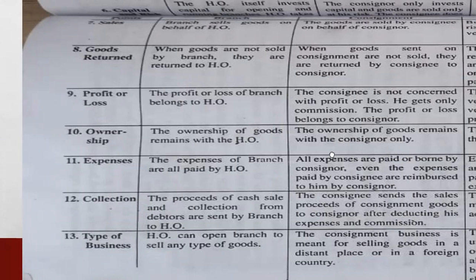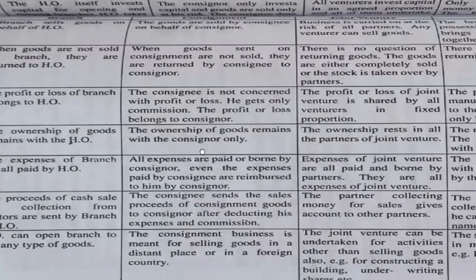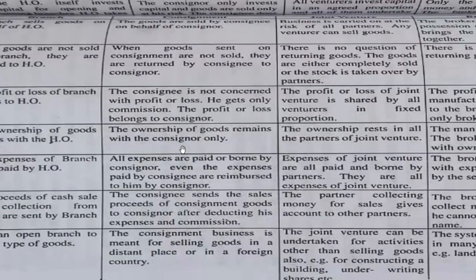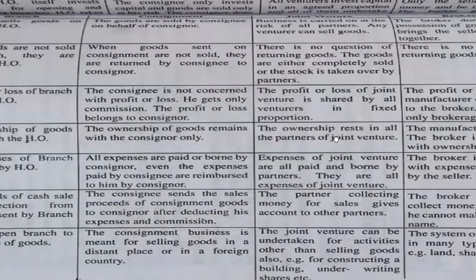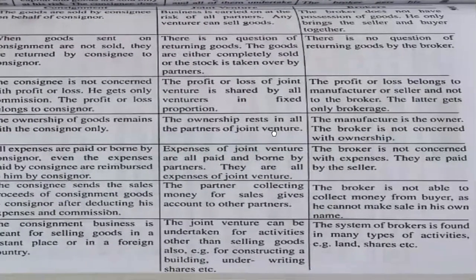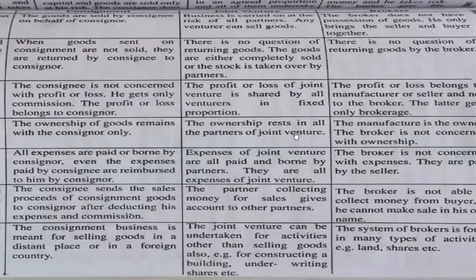In consignment, the ownership of goods is of consignor. In joint venture, the ownership rests in all the partners. The manufacturer is the owner, and the broker is not concerned with the ownership.